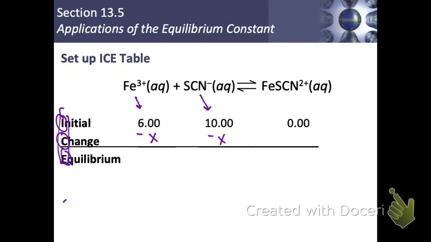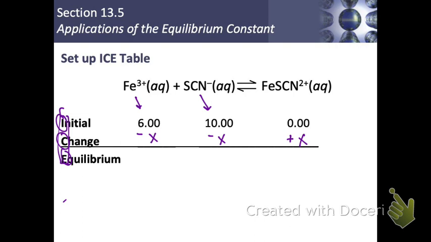If there was a 2 here, it would leave at twice the rate, so there would be a minus 2x there. But it's not. They're 1 to 1. So whatever concentration I'm losing of my reactants is happening at a 1 to 1 rate. The same is true for what I'm gaining in my products.